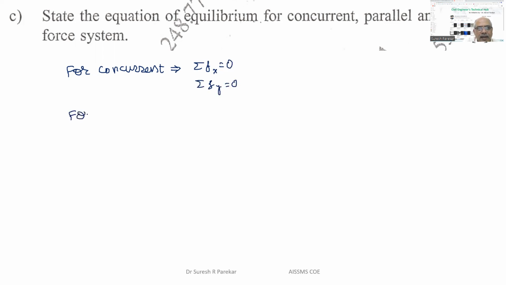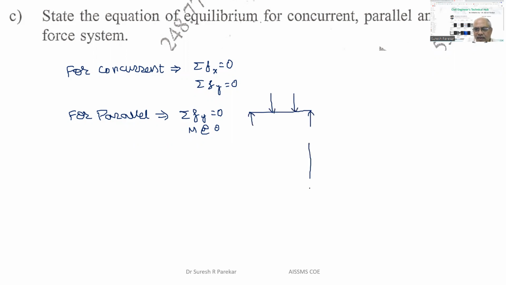For parallel, we have two equations, summation Fy equal to 0 and moment equal to 0, if all forces are in vertical direction.